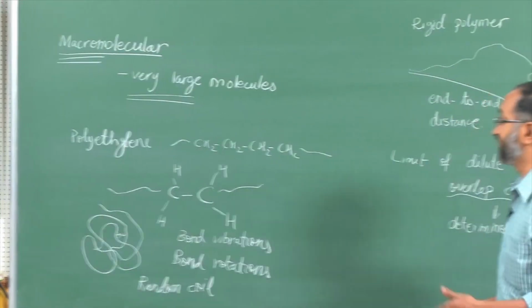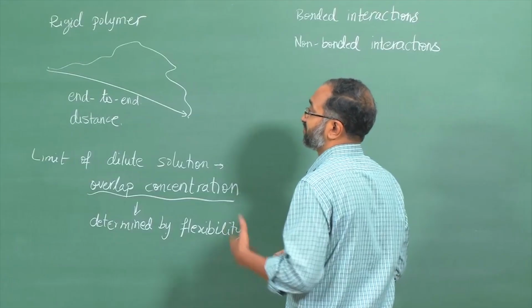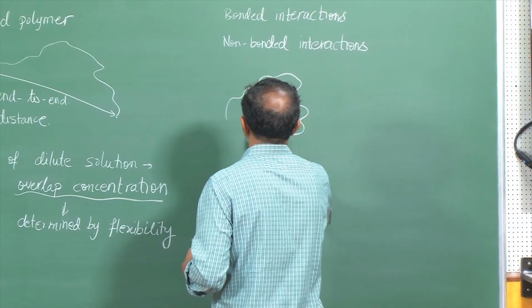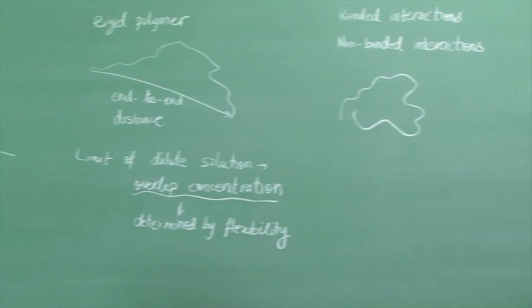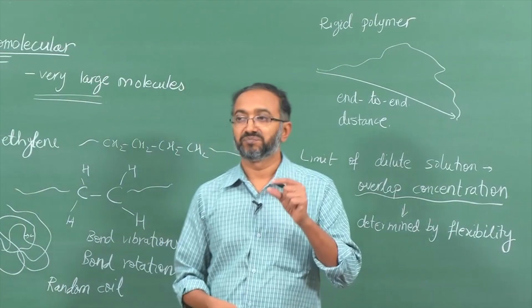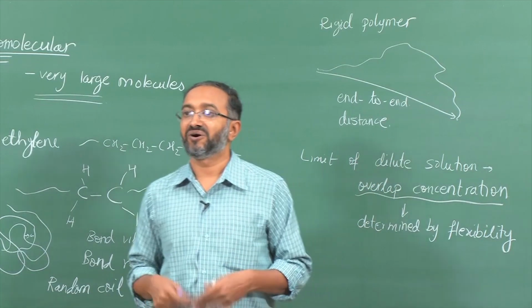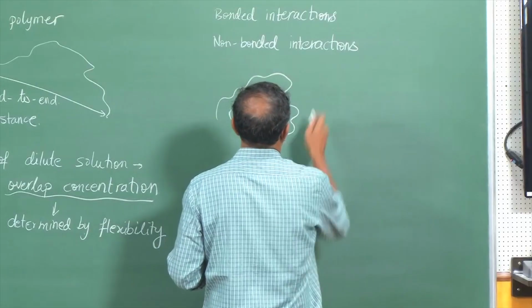We will soon see that quite often it is important to make a polymer system interact more strongly by introducing a different type of branch on it. So, let us say this is a polymer molecule which is coiled, on that if I introduce, so this is let us say a hydrophilic polymer.